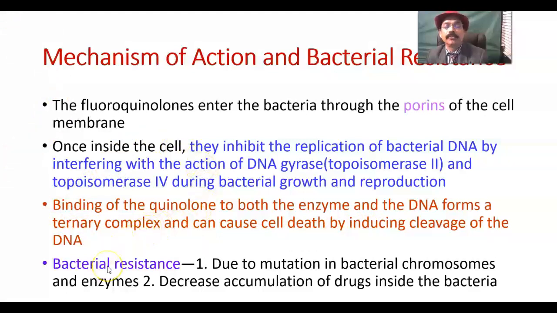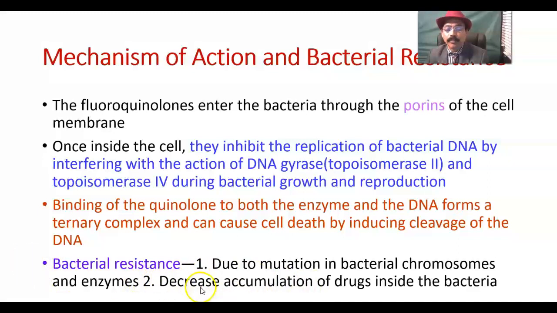Now I'll go to the resistance. How does this happen? Due to mutation in bacterial chromosomes and enzymes. Decreased accumulation of drug inside the bacteria may happen by altered porin in the cell membrane and also some efflux mechanism developed in the bacterial cell that will expel or prevent the entry of the fluoroquinolone inside the cell.